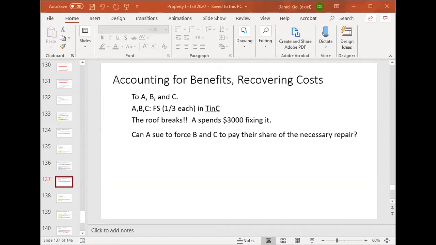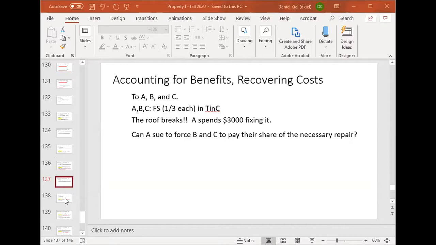So A says, yeah, A can get them to pay. B says, nope, A cannot. Most of you say A should be able to recover the overpayment for repairs. And so the answer is, not really.